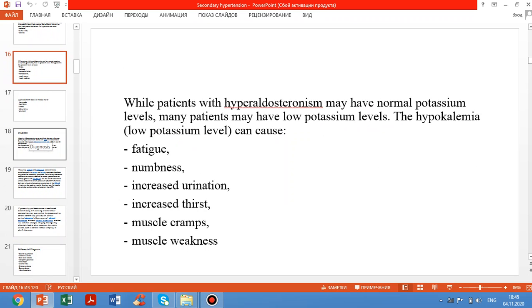While patients with hyperaldosteronism may have normal potassium levels, many patients may have low potassium levels. The hypokalemia can cause fatigue, numbness, increased urination, increased thirst, muscle cramps, muscle weakness.